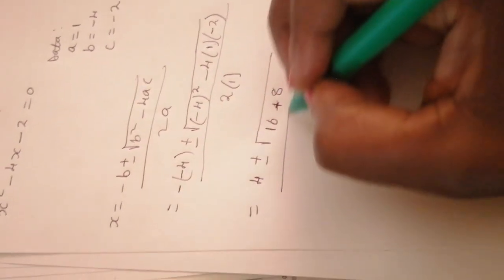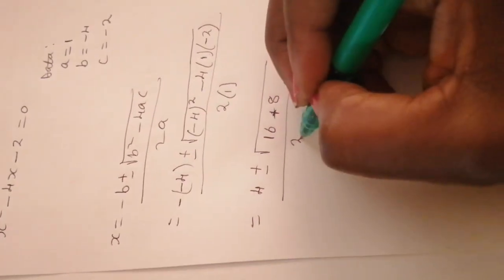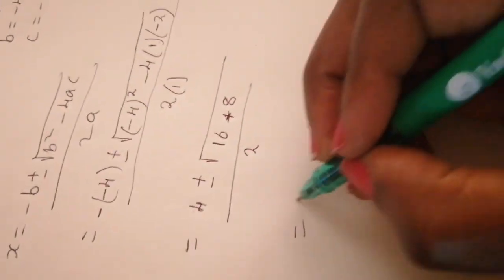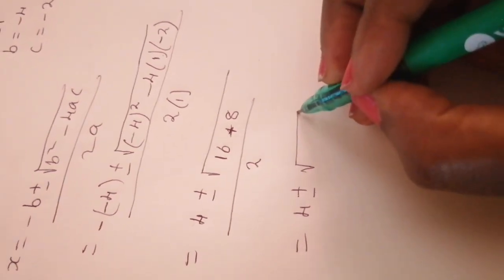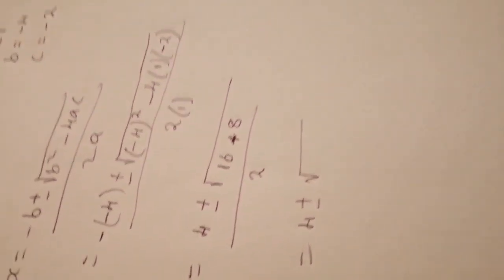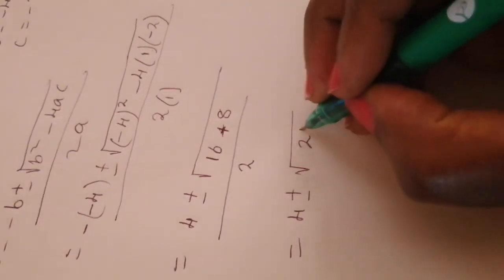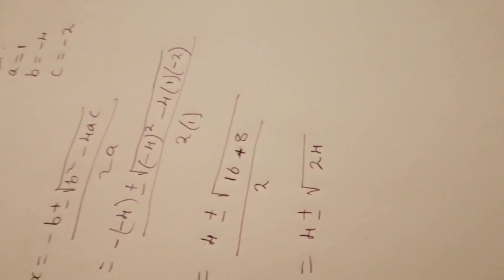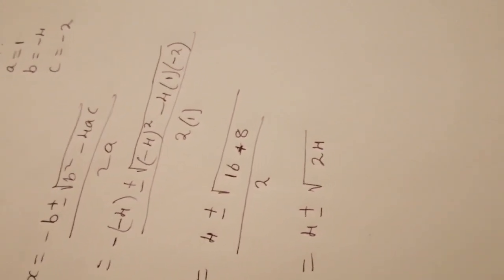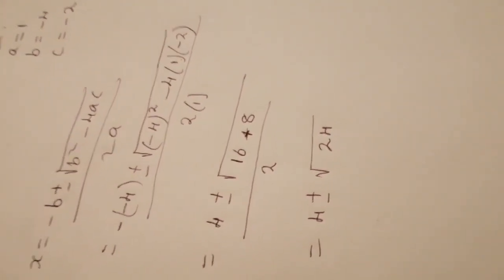Everything over 2 times 1, which is 2, equals 4 plus or minus 16 plus 8 is 24.